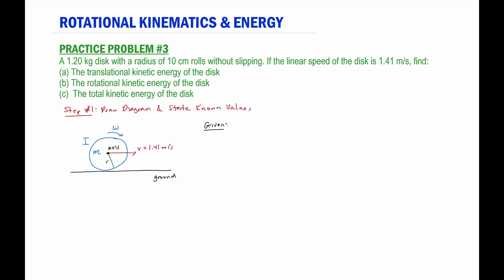Okay, so let's write down all the values that were given. We already wrote down v is equal to 1.41 meters per second. We don't know what omega is. We don't know what I is. We do know the mass is 1.2 kilograms, and we know that the radius is 10 centimeters, or 0.10 meters.